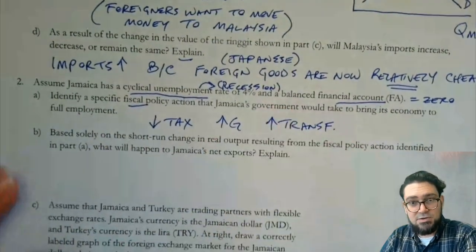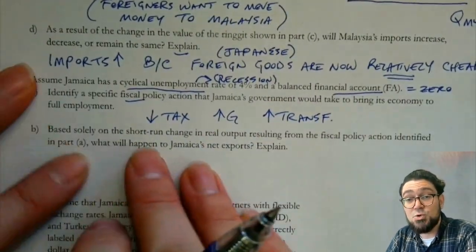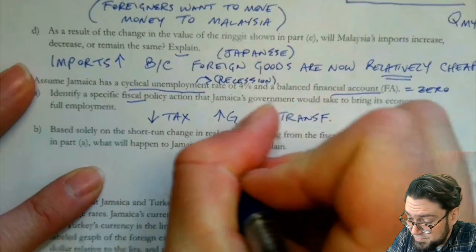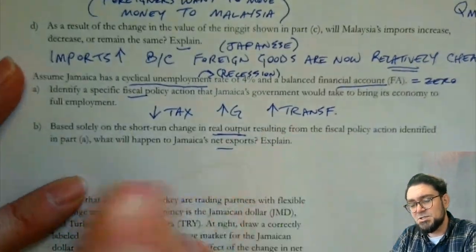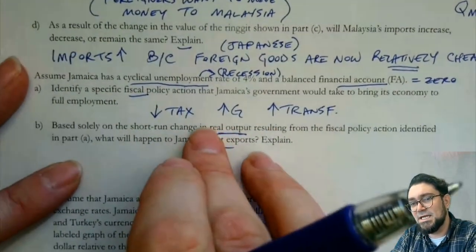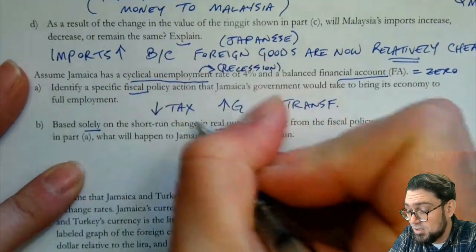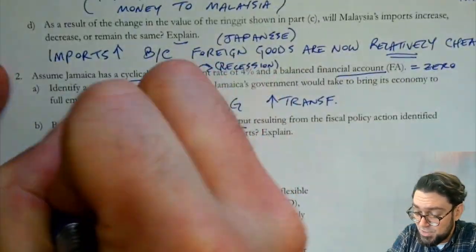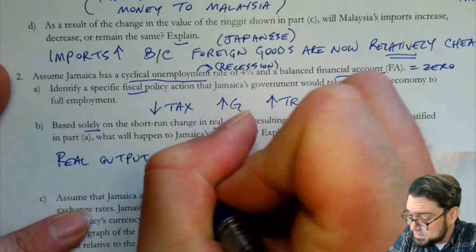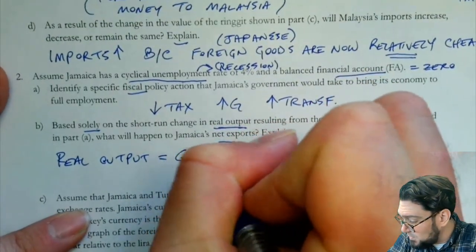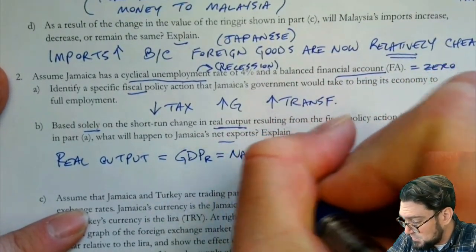So similar question already. Now, part B, based solely on the short run change in real output resulting from this fiscal action, what will happen to their exports? So this one's tricky because you have to understand what they're saying here with solely on the change in real output. And real output equals GDP R, which equals national income.